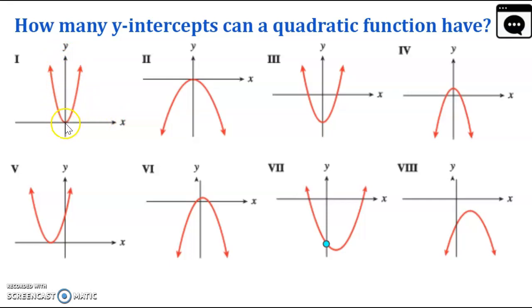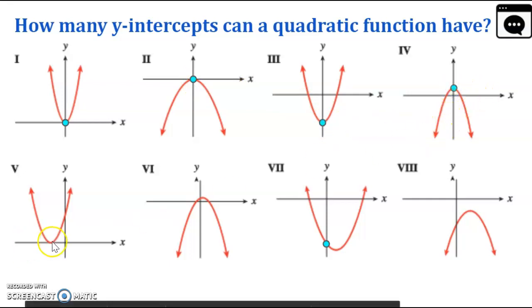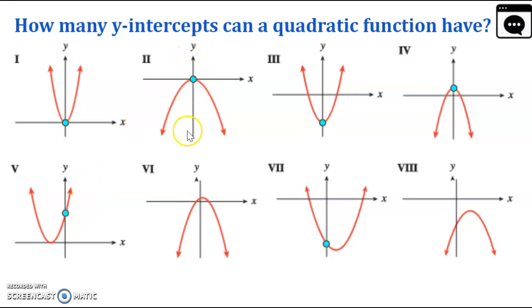Well, hopefully you're going to be telling me 1 for graph 1, 1 for graph 2. Where is the graph crossing? Right here, right here, right there. That's where the y-axis is, and it's being crossed there.